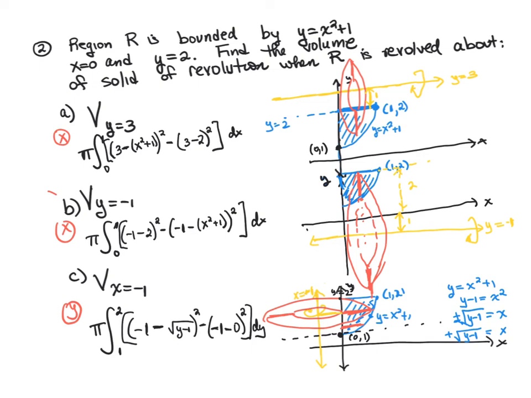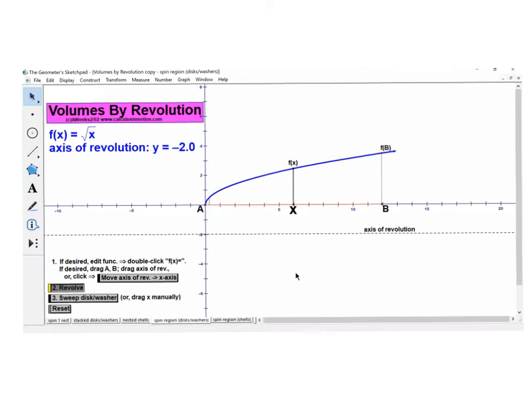Let me show you 2 animations. This is a Geometer's Sketchpad animation of revolving the area bounded by y equals the square root of x from x equals a, which I tried to make 0, to x equals b.